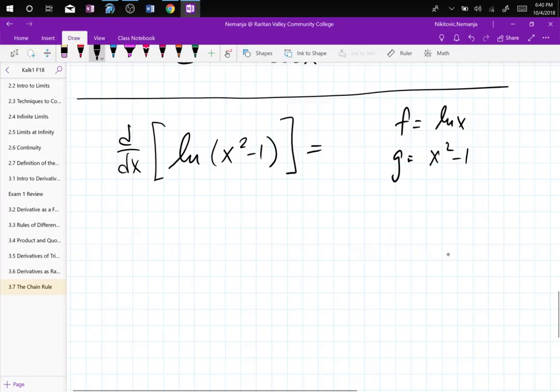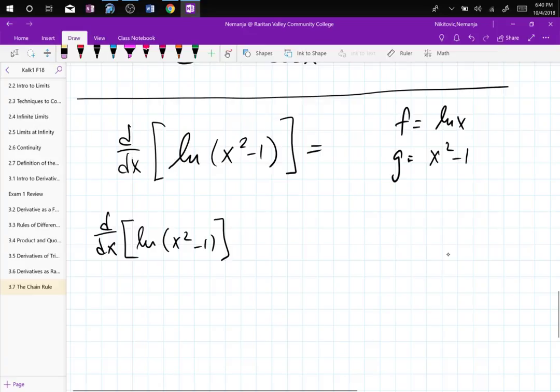So now what do I have? I have the derivative of ln of x squared minus 1, which is equal to... okay. So now it's ready for the derivative right there.